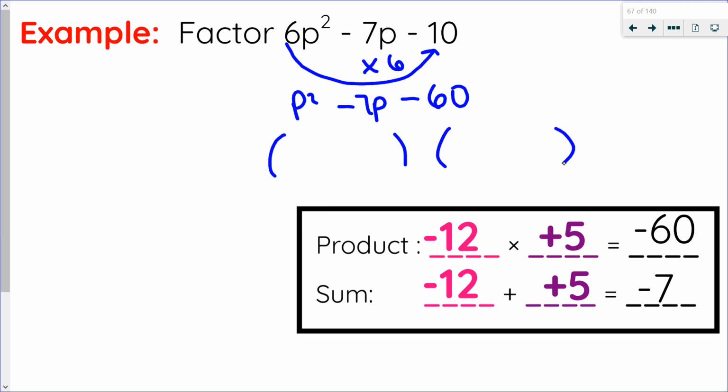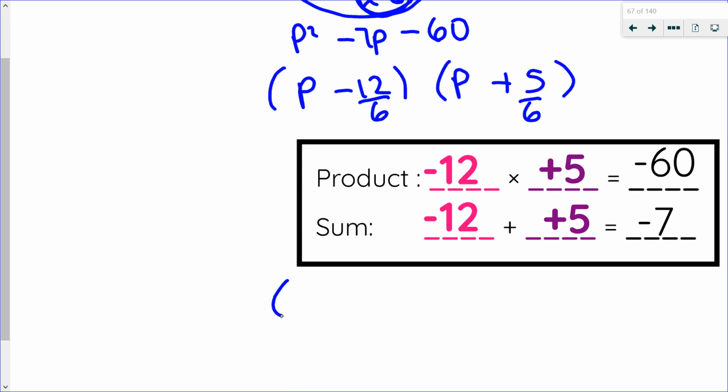So the only way that I'm going to get p squared is if I have p times p. The way that I get -60 is by multiplying -12 by +5. So remember, I made my last number 6 times bigger, so I need to make its factors 6 times smaller.